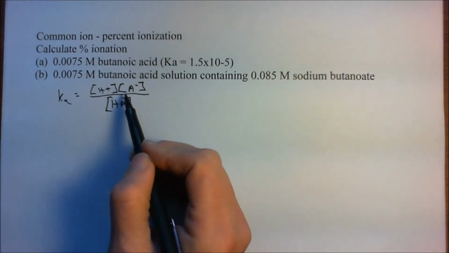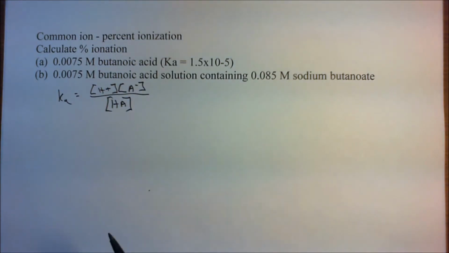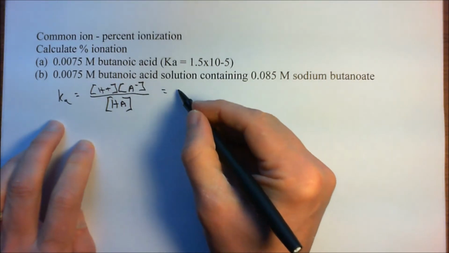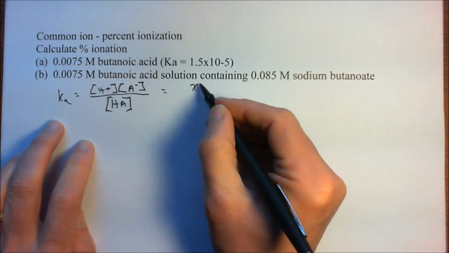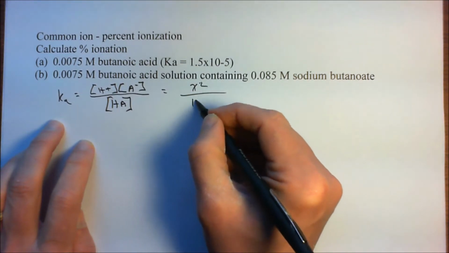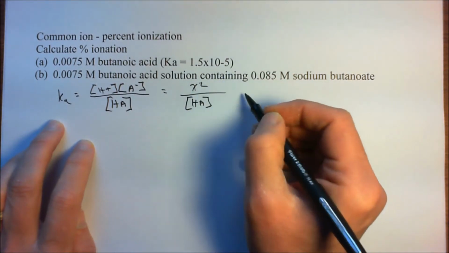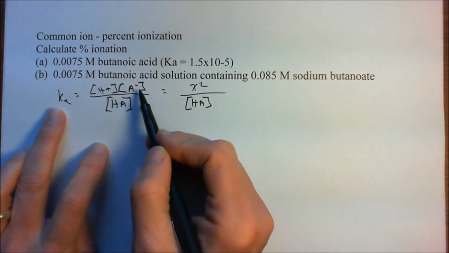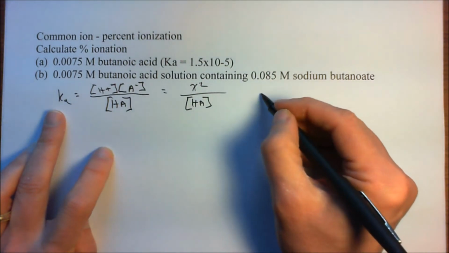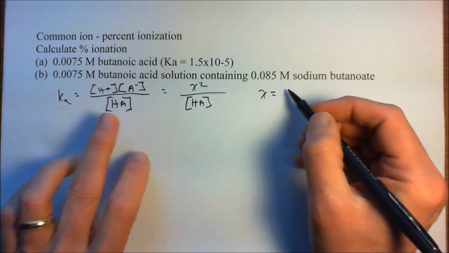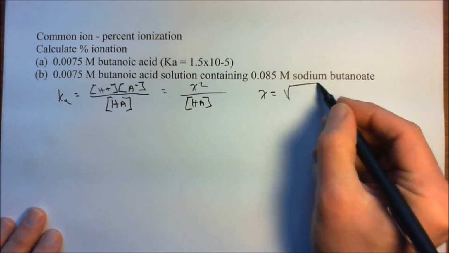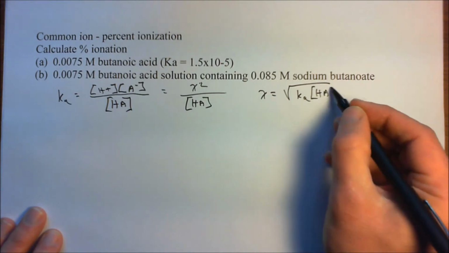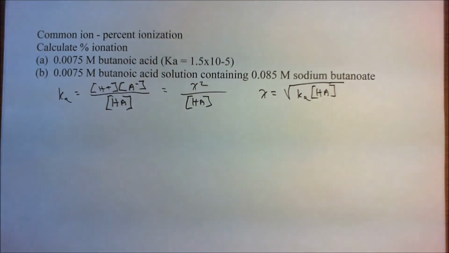That would be the term that goes there, and what goes up here, if you do your ICE, but if you just remember, since there's nothing else in there, it's going to look like this: x squared over the concentration of the undissociated acid. We can solve for x in terms of Ka, and so x is equal to the square root of Ka times the undissociated acid's concentration.